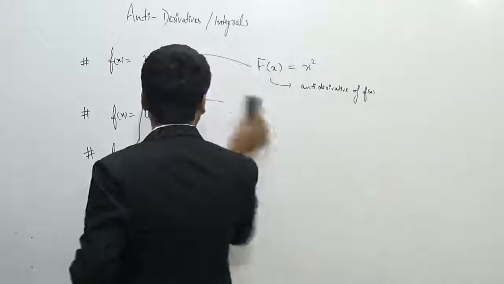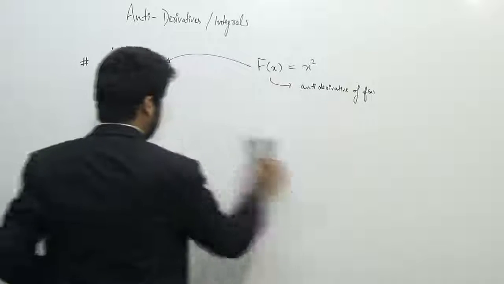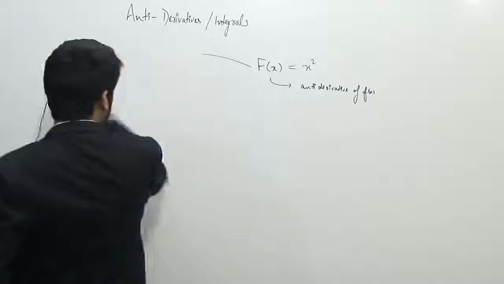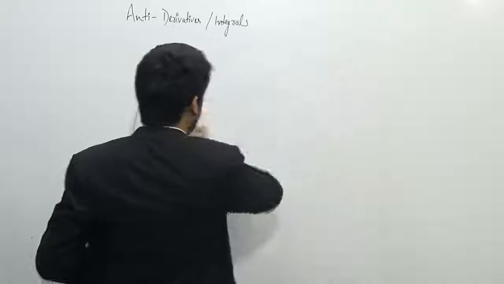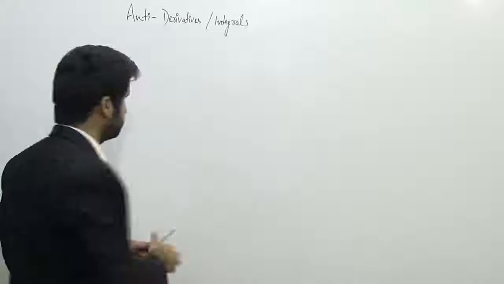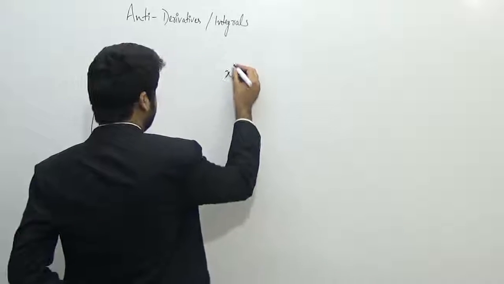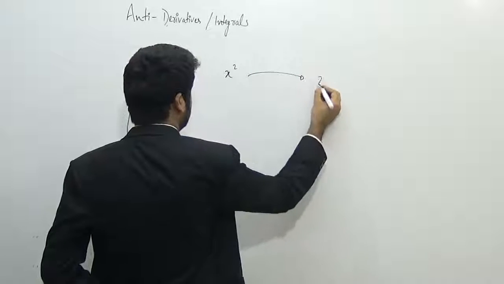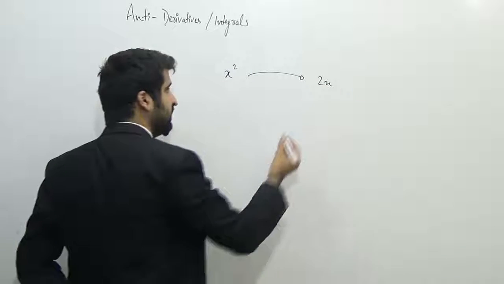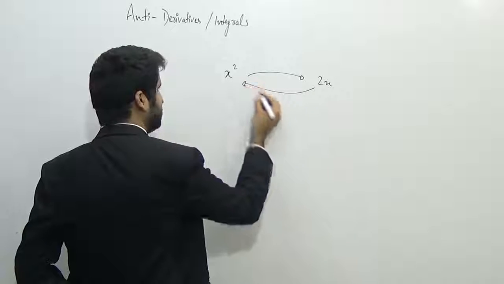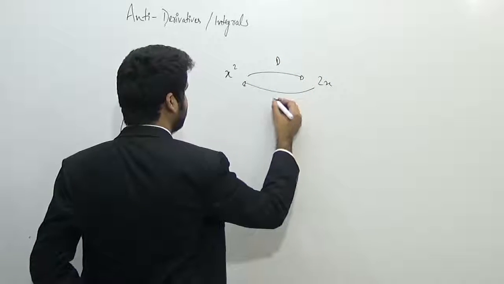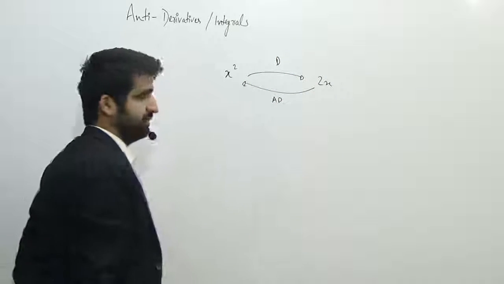First, we'll see algebraic functions. Guys, see this very carefully. If a function has a derivative 2x, we can say that the antiderivative will be x square. So this will be the derivative and this will be the antiderivative.